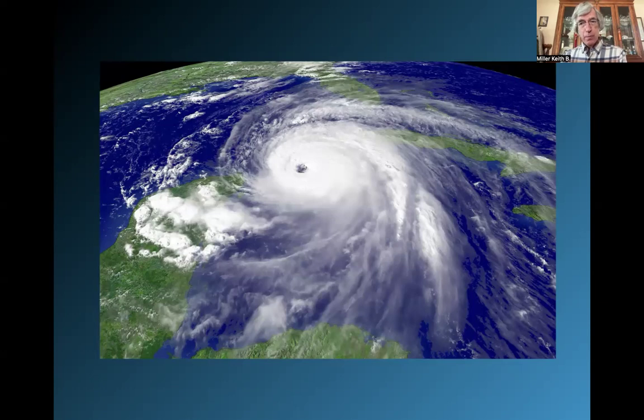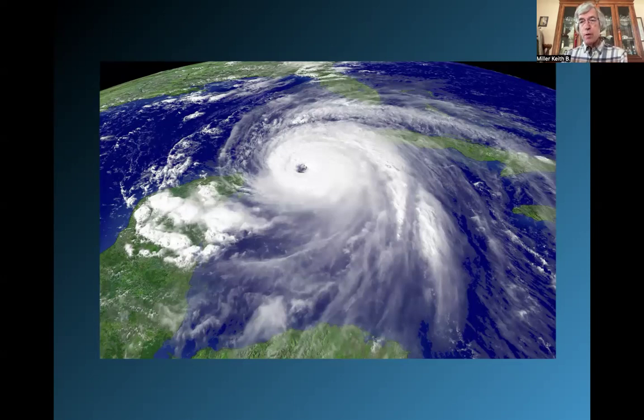As the surface of the Earth warms, that produces extra fuel for these storms. These storms are fed by warm ocean water. That's what drives them. They're driven by the evaporation of the oceans.